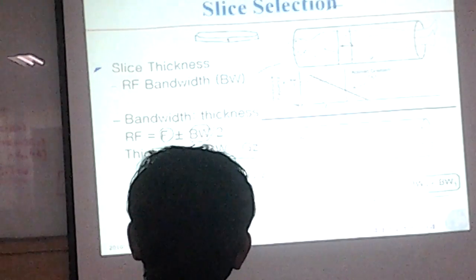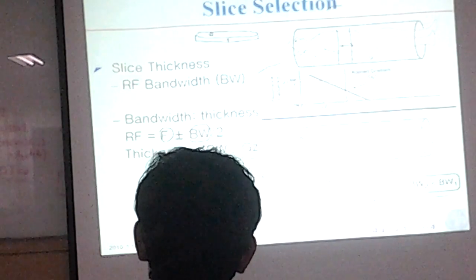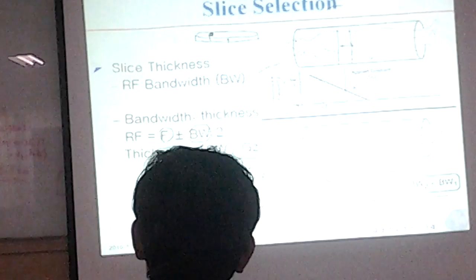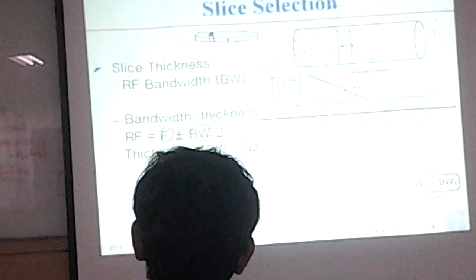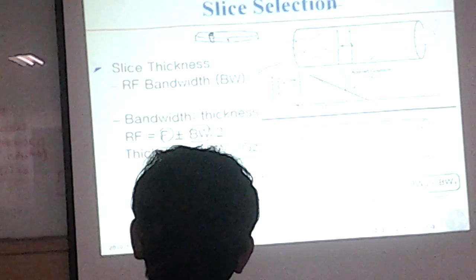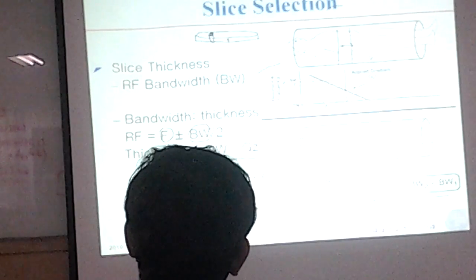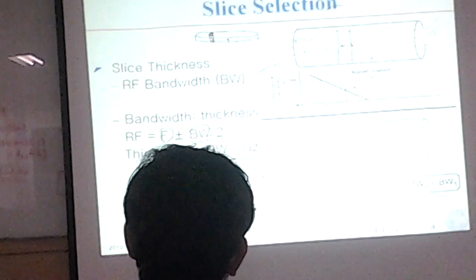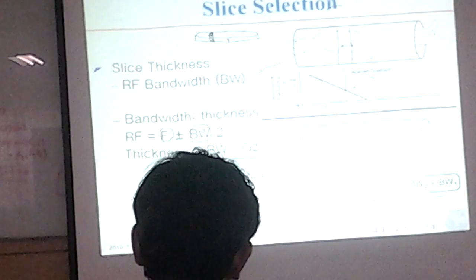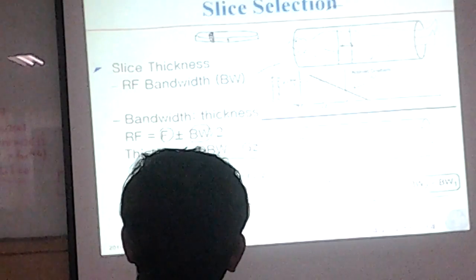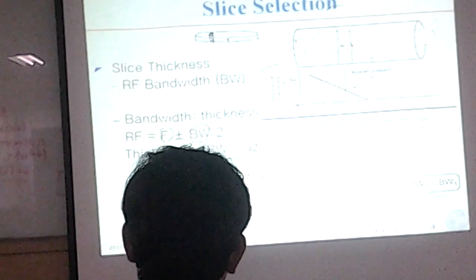So if we see the brightness in the monitor, this brightness comes from these pixels, and the brightness comes from the summing of the spins in these pixels. So we see the averaging signal in the pixels.